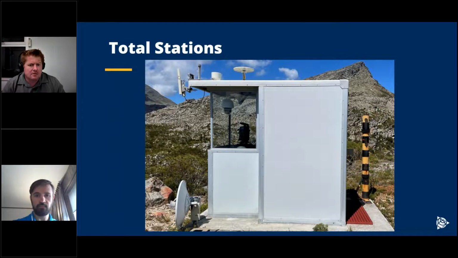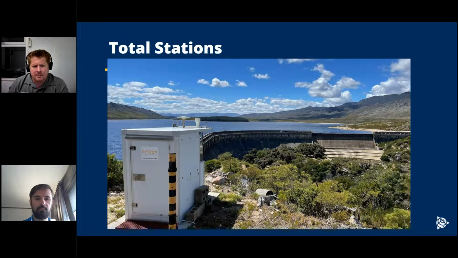We've got a weather station, Wi-Fi antenna, and also a GNSS antenna on top of the cabin, which just monitors the overall long-term position of the cabin itself, as a sort of second check on the total station position. That's just a picture from the back, so there you can see it's facing the dam wall, and the prisms are installed all along that top edge at the back.